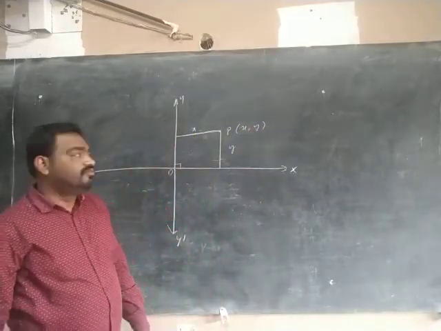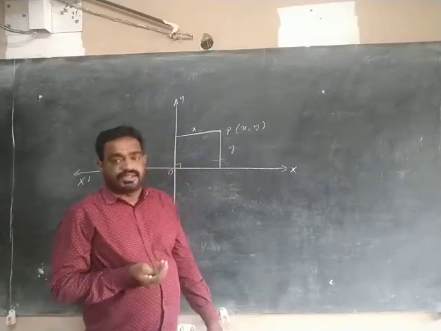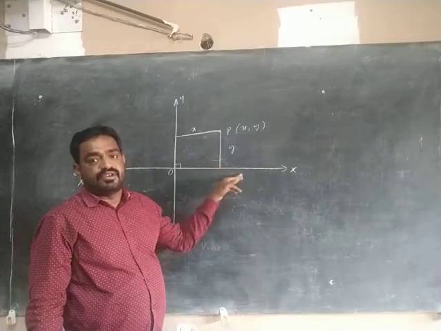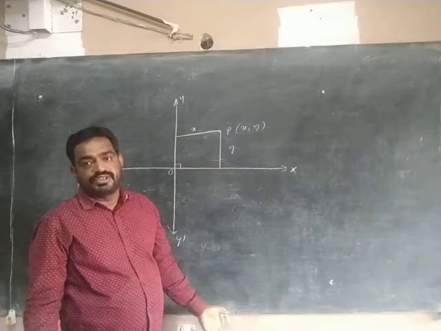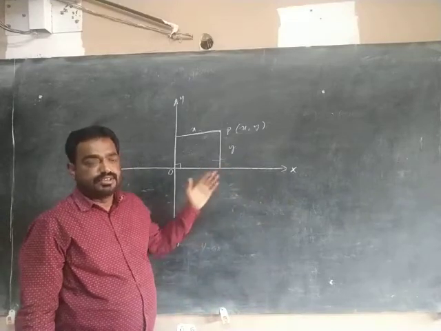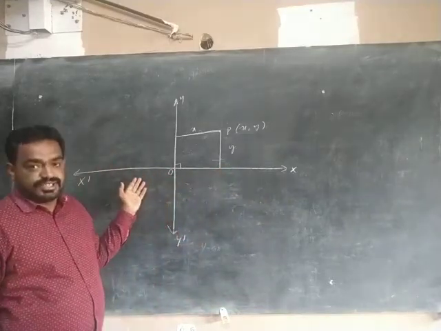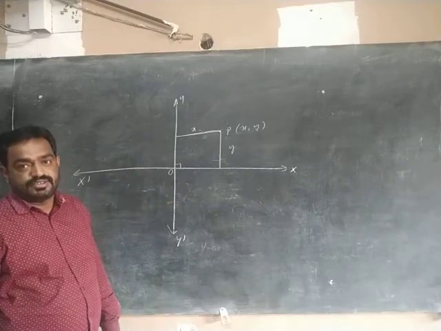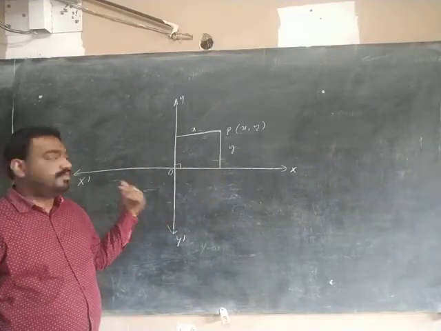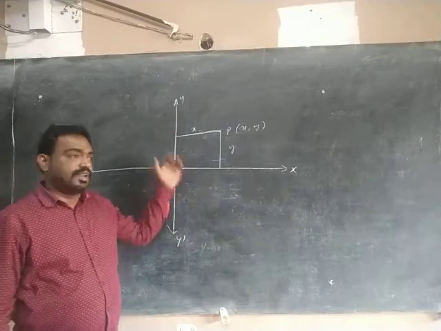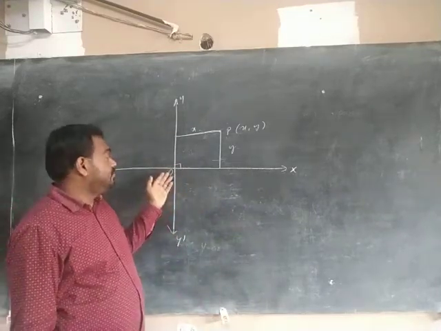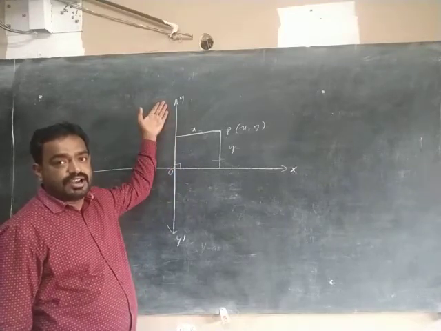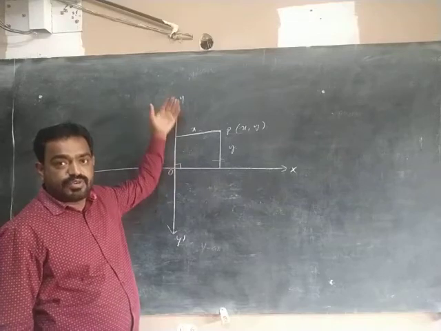Next, what is the positive x axis? What is the negative x axis? The x axis which lies on the right side of the origin is called the positive x axis. The x axis which lies on the left side of the origin is called the negative x axis. The y axis which is above the origin is called the positive y axis, that is OY.